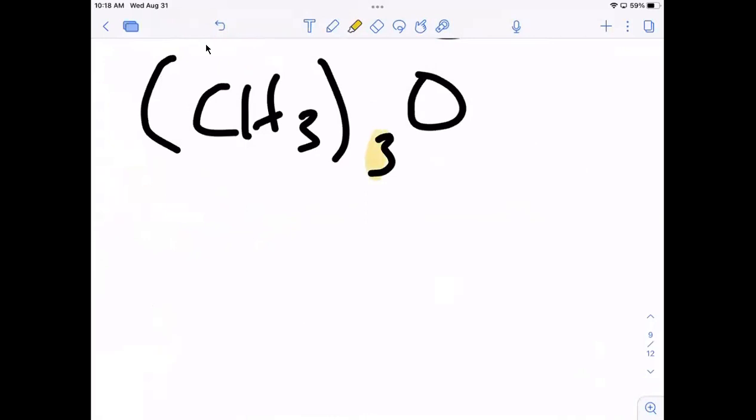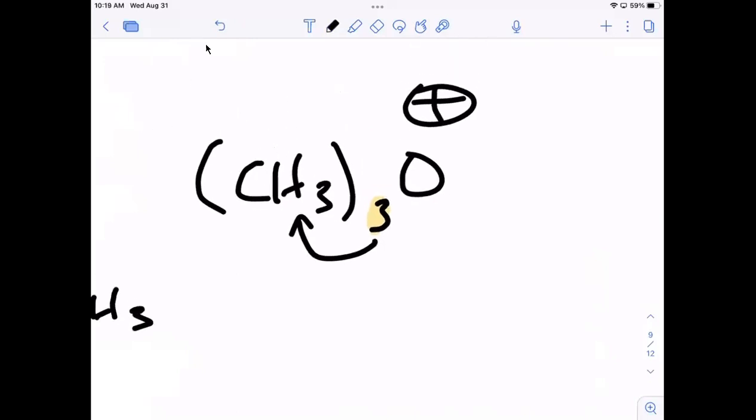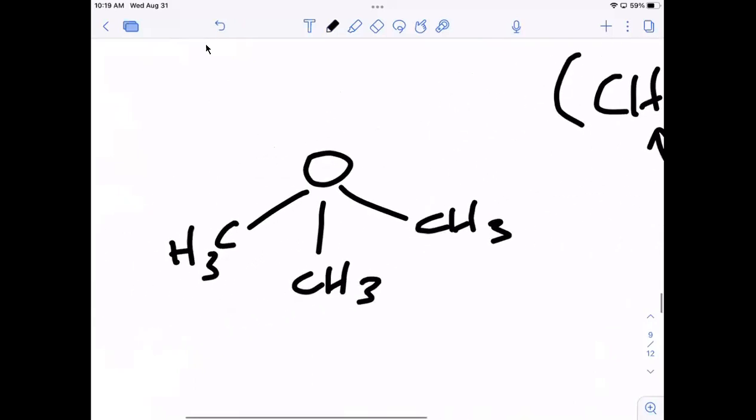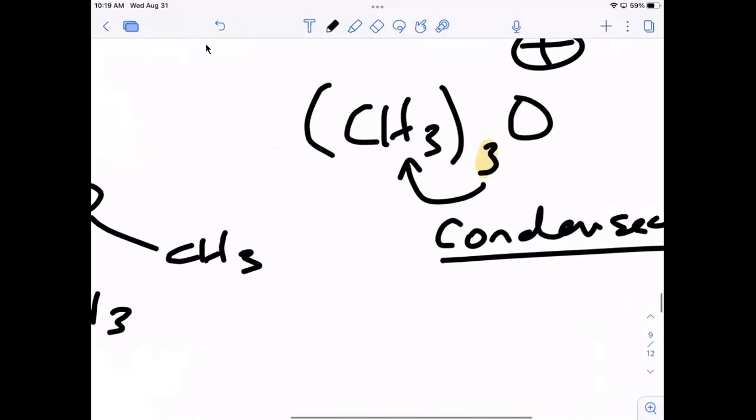This 3 tells me that there are 3 groups here in the parentheses. That subscript tells me how many of those groups are bonded to oxygen. If you write it like this, it's called a condensed formula, where I don't write it out with the group shown. I just put them in parentheses and put a subscript. All right, so that's the condensed version of that.